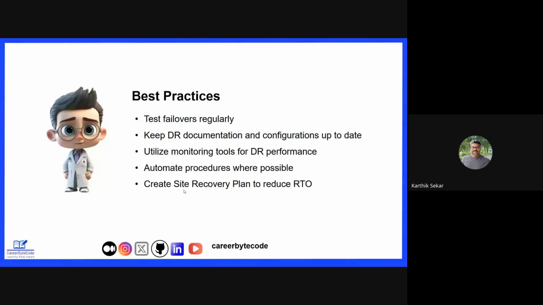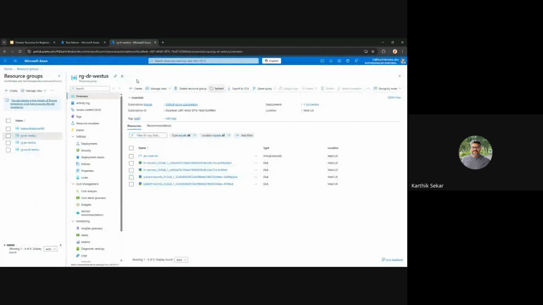Let's assume there are 100 virtual machines, with 100 replications. You would need to trigger the failover for each and every virtual machine. What will happen? It's going to cost a lot and take a lot of time. But when you have a plan, you just trigger the failover from the plan, and it will trigger for all the virtual machines. So these are the best practices we need to follow. And let me check the status, how it goes. Okay.